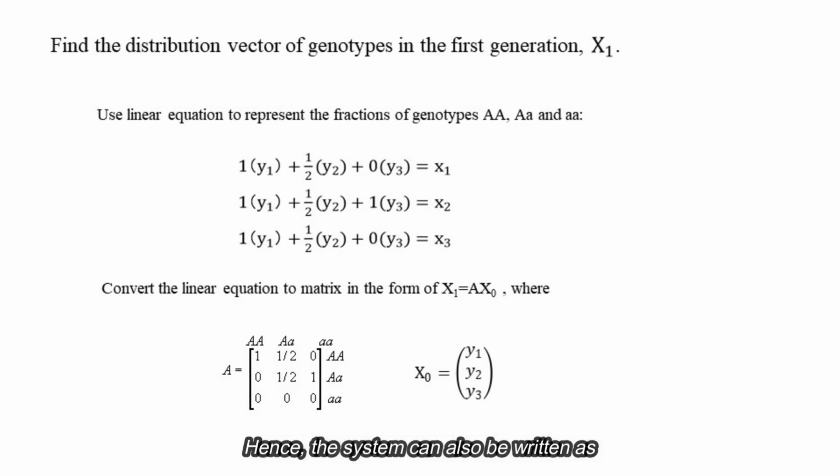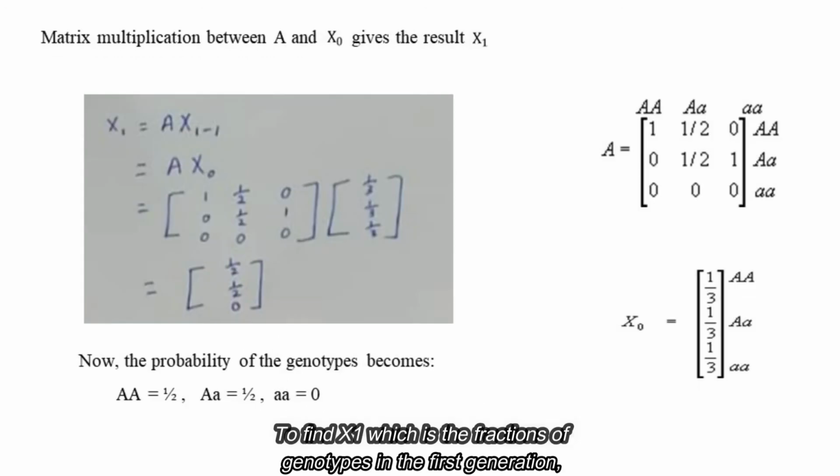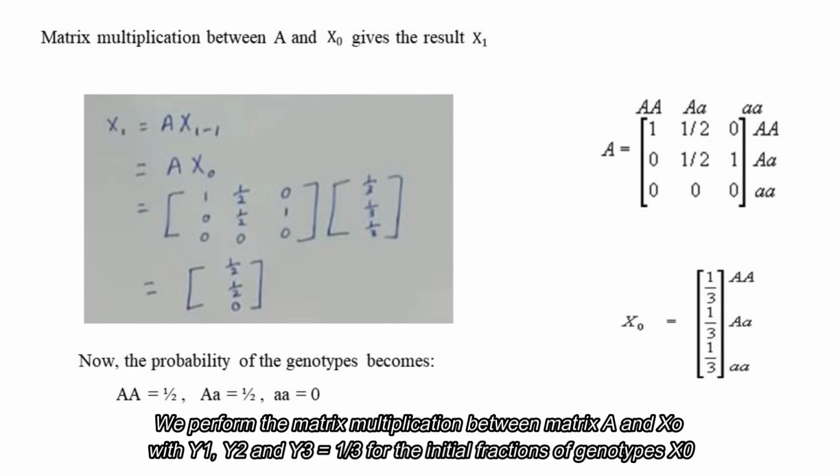Hence, the system can also be written as a matrix in the form of x1 equals A x0, where A is shown in this slide. To find x1, which is the fractions of genotypes in the first generation, we perform the matrix multiplication between matrix A and x0, with Y1, Y2, and Y3 equal to 1/3 for the initial fractions of genotypes x0.